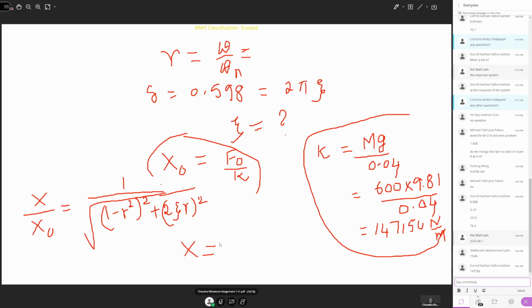You can incorporate all the values, then you can calculate x, the amplitude of the vibration. X naught also you can calculate, because it is f naught over k. So you know f naught and you know k, therefore you know x naught, the initial deflection.